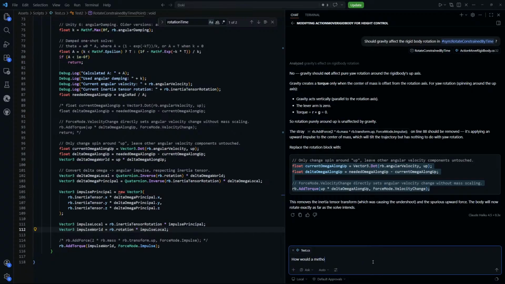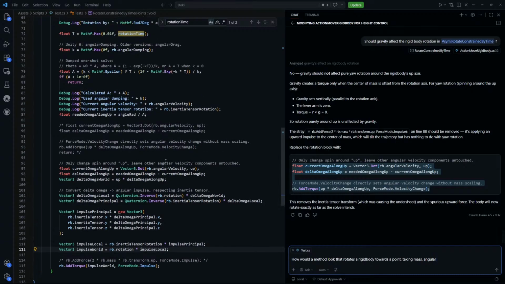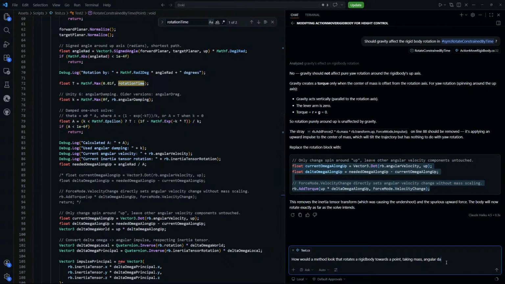How would a method look that rotates a rigid body, taking mass, angular damping, not drag, and gravity into account?